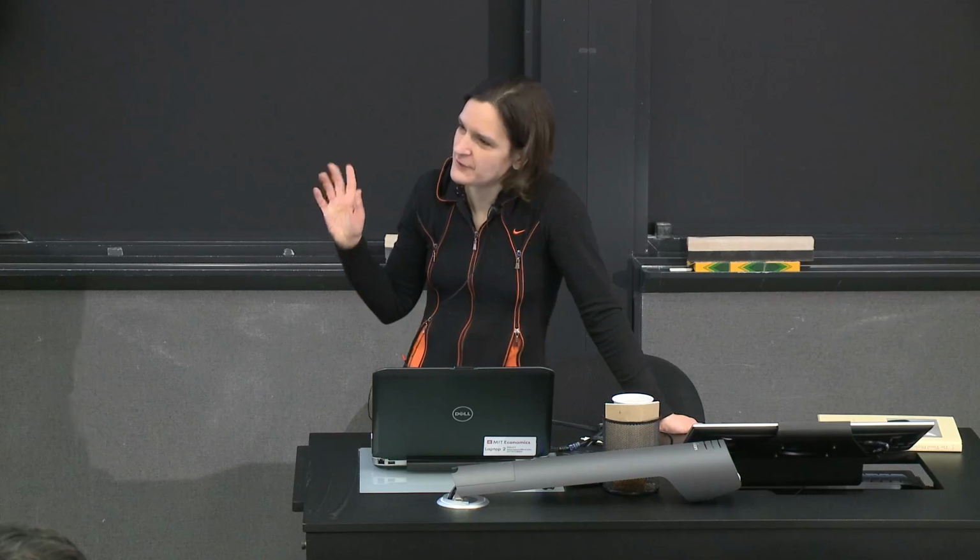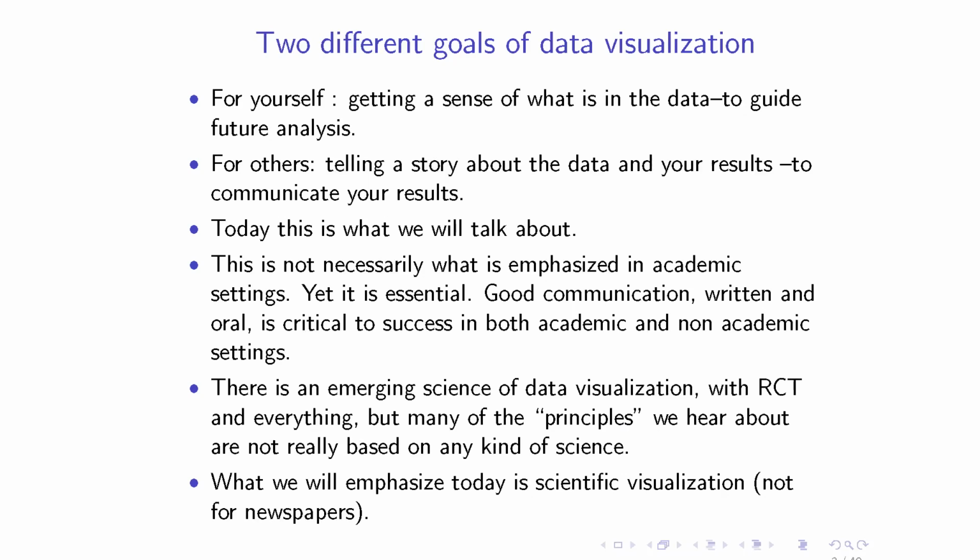So what I'll talk about today, and also within communication, there is another subdivision, which is, are you writing a graph for the New York Times, or are you writing a graph for scientific colleagues? Those are different because the audience is slightly different, and the level of sophistication of the audience is slightly different. What they want from the graph is slightly different. So I'll show you one graph, what happened to it when it moved from the scientific publication to the New York Times.